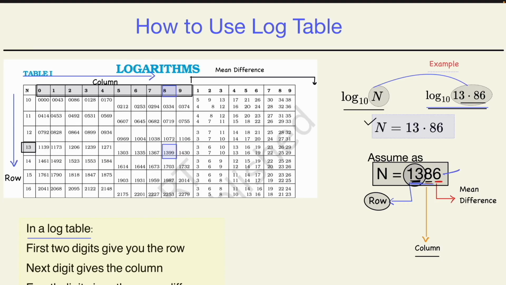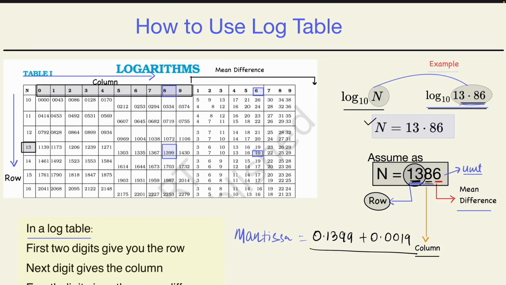Now the last one, which is the unit digit, gives information about the mean difference. What is the mean difference here? 6. So we go to the 6 column and here we match with 19. Now after doing it, what is our work? Our work is to find the log of this value. So the Mantissa is equal to 0.1399 plus 0.0019. I previously told you that Mantissa is always in decimal form.